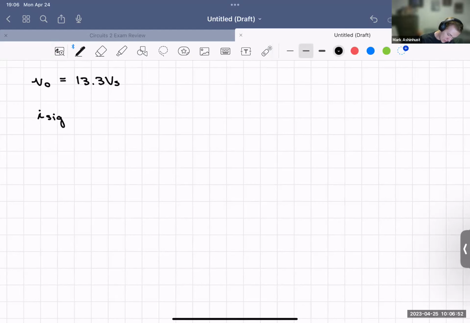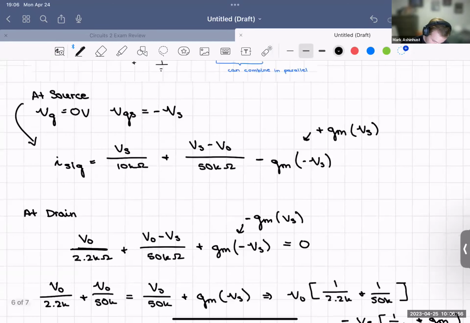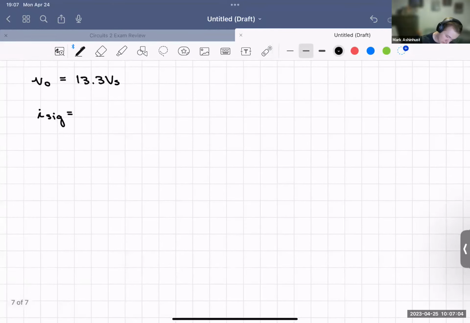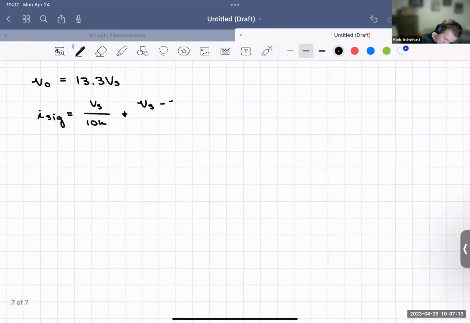We know our equation for I sig that we wrote out is VS over 10K plus VS minus V out over 50K plus gm VS. And we can plug that in for V out here.